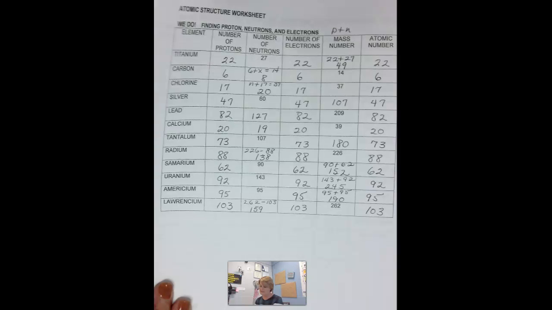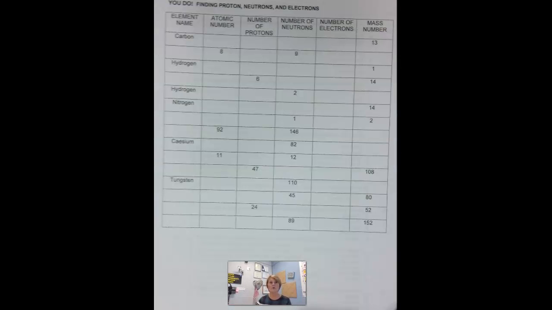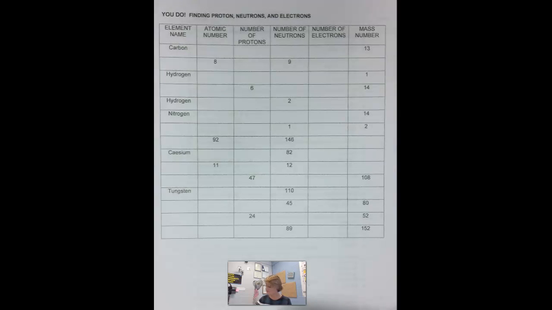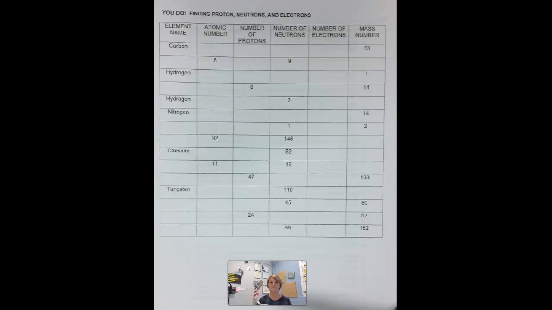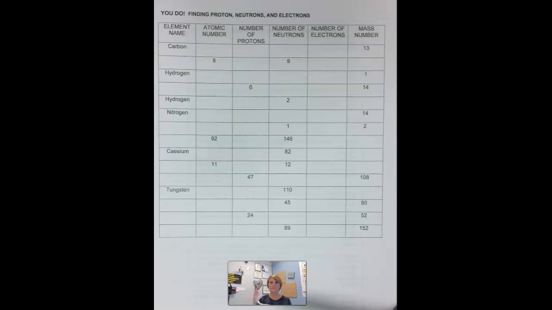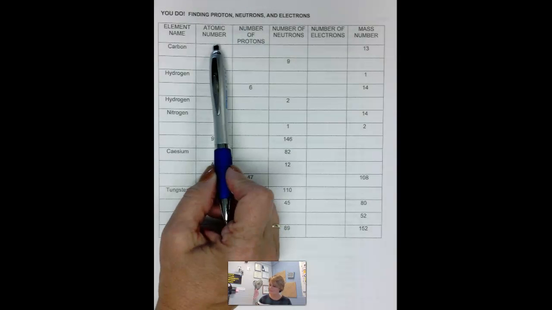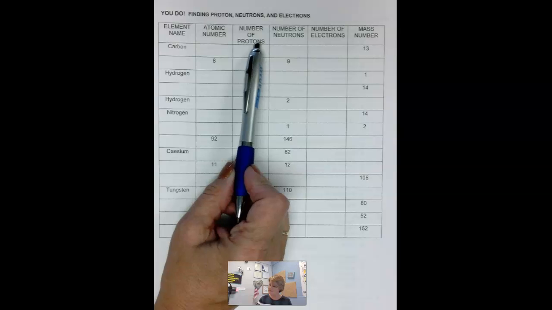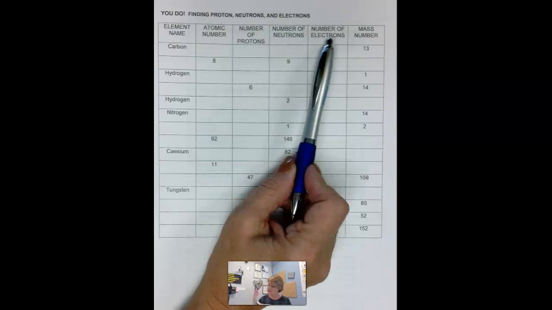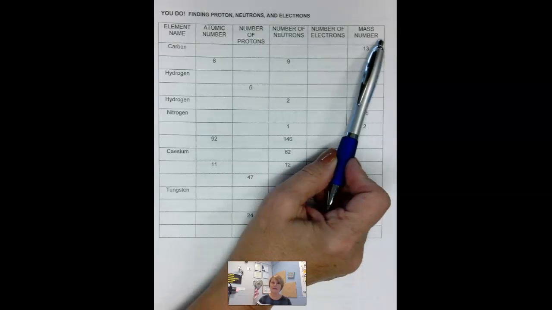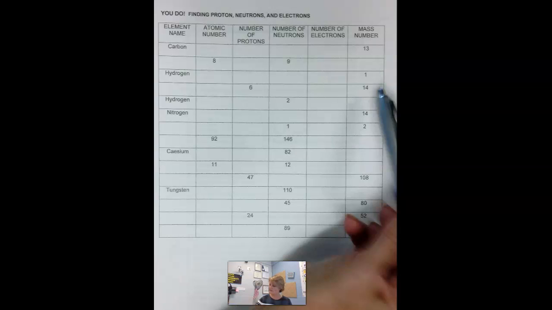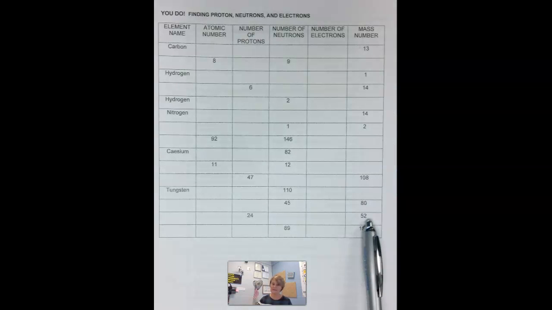So your next thing that you are going to work on then is your You Do page, which is page 61. Very similar. Again, pay attention to the order because they are now switched. This is atomic number, number of protons, number of neutrons, number of electrons, and mass number. Now, do pay attention to this mass number that is given.